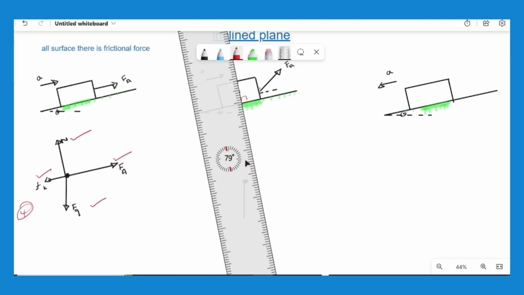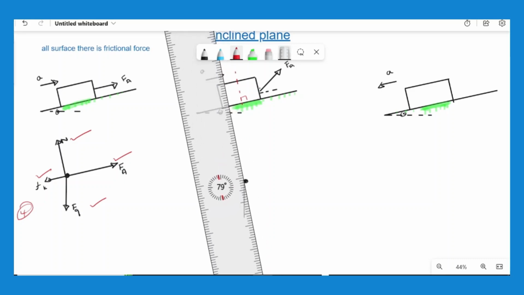So my normal force, I'm going to put it like that here, as it is the force acting perpendicular to the object, right? Then now I need to put my force applied.